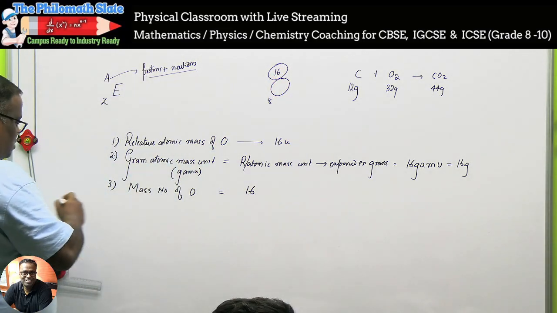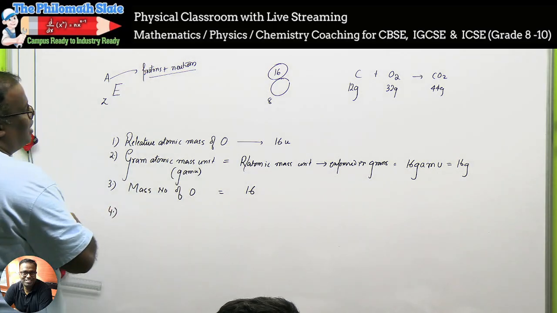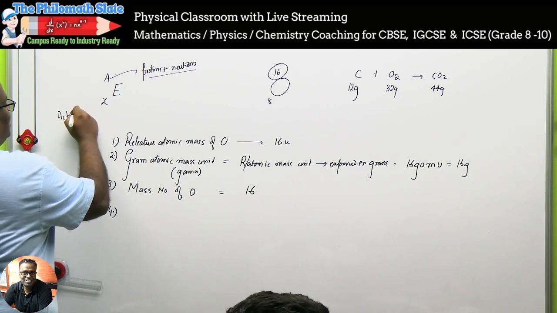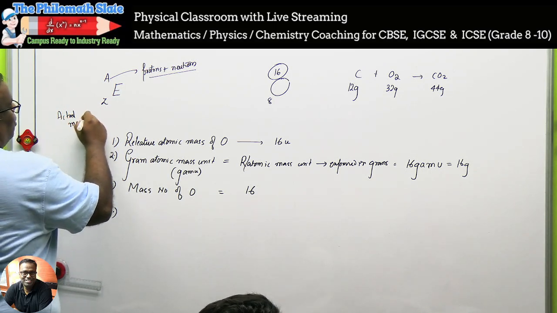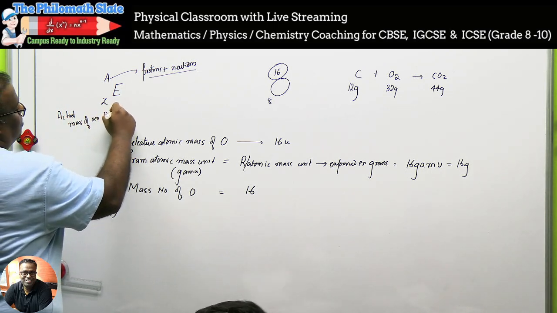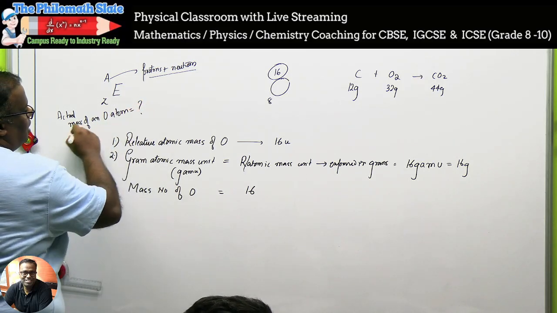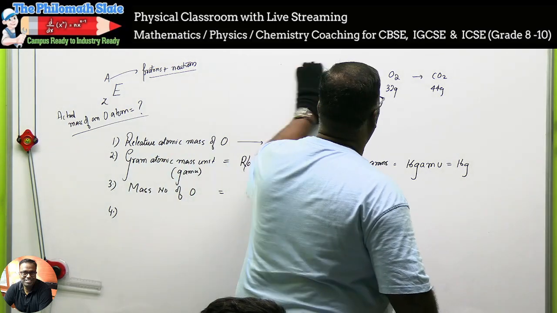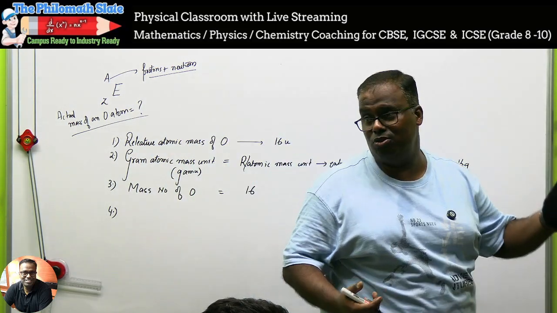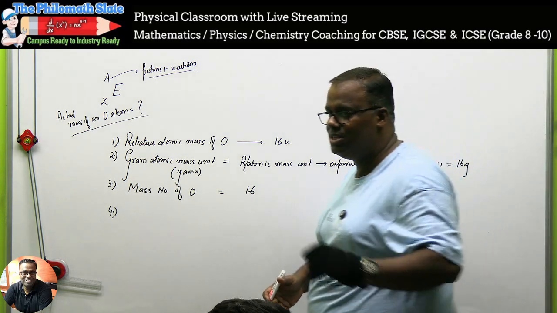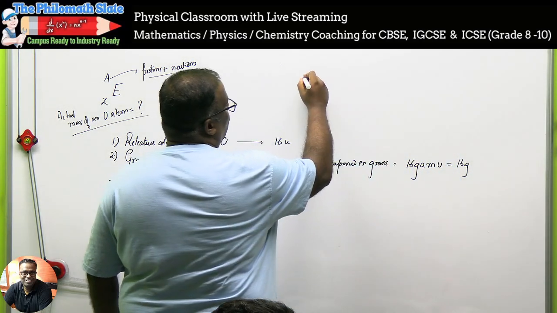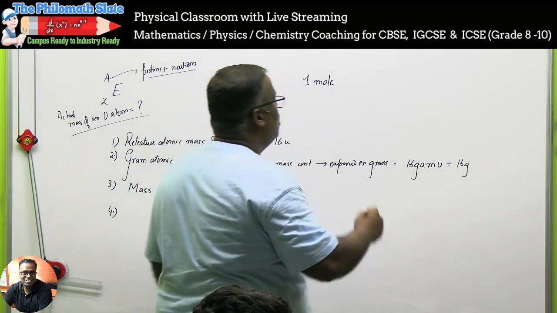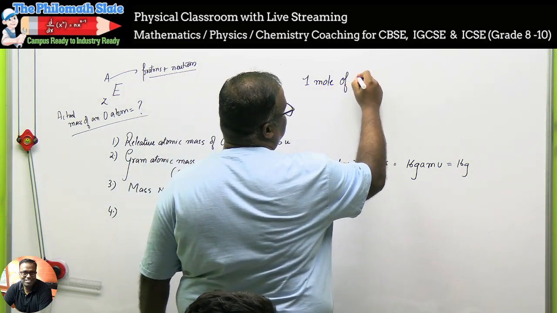And at last you raise the big question: sir, what is the actual mass of an oxygen atom? End of the day, this query will be, sir, if I take it to Ratnadeep, how much does oxygen weigh? Don't you have this query also? Yes, this query is the most important one. So we say 1 mole. What is 1 mole? Mole is the amount of substance. 1 mole of oxygen atoms.